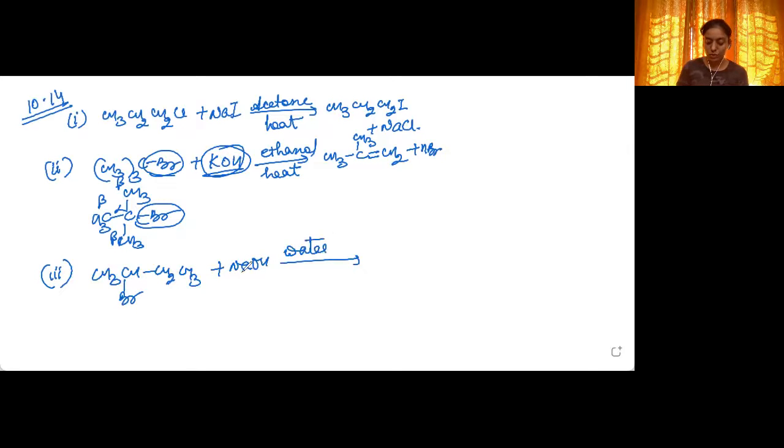Here it is the aqueous condition. If it were alcoholic, then again dehydrohalogenation. Because this is aqueous condition, it will lead to the formation of an alcohol by replacement of bromide with hydroxide ion. Hope this is clear.